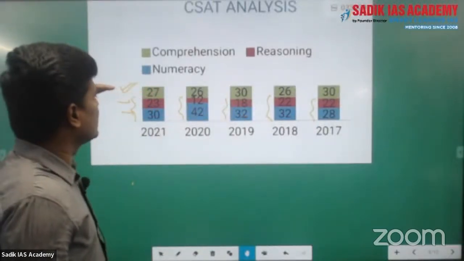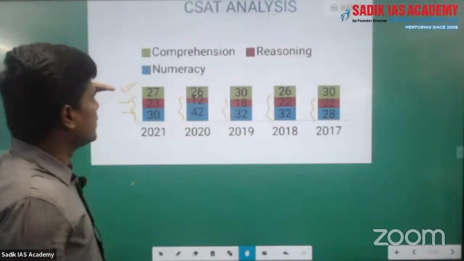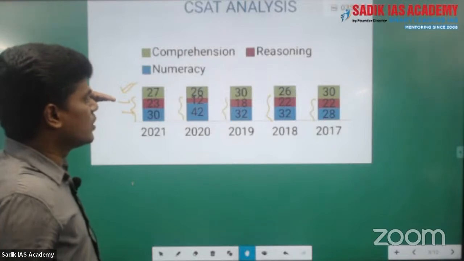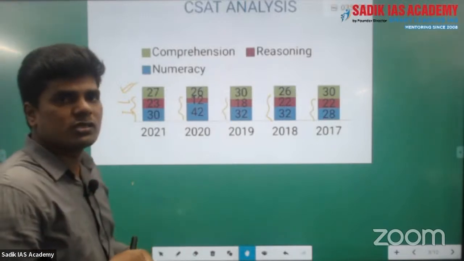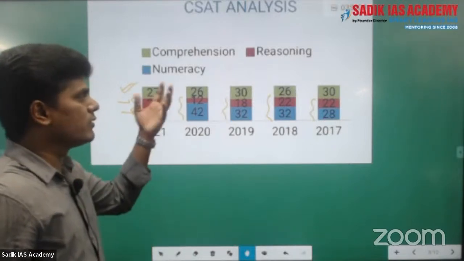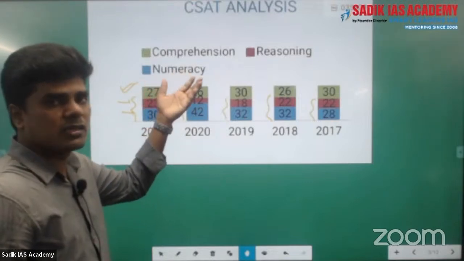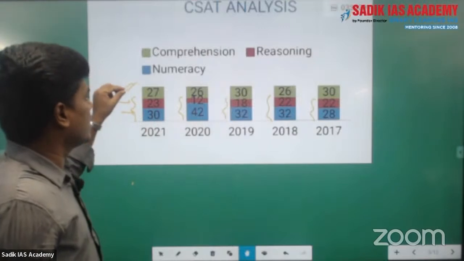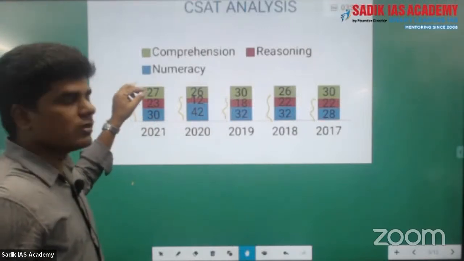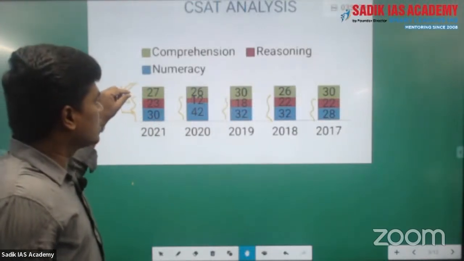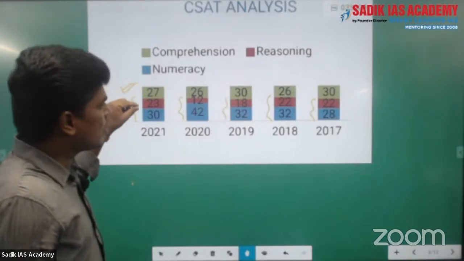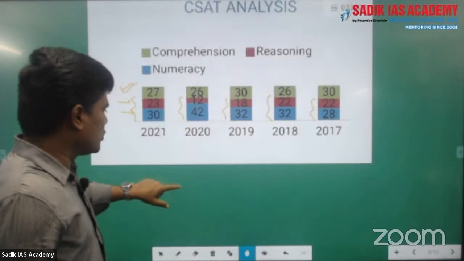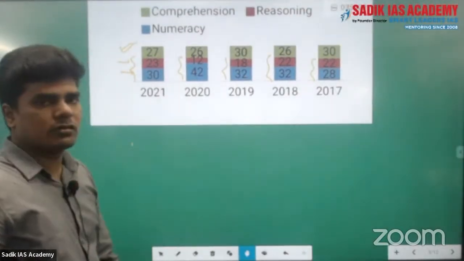Here the questions may be ambiguous. You may not be able to come to a conclusion based on the given passage and the asked question. I'm not saying that you can omit this, no. You have to touch all the areas.